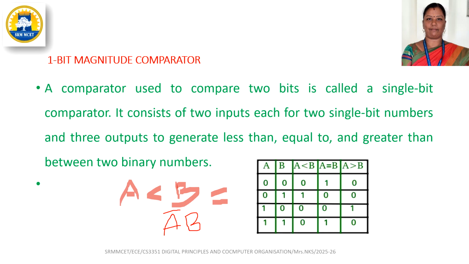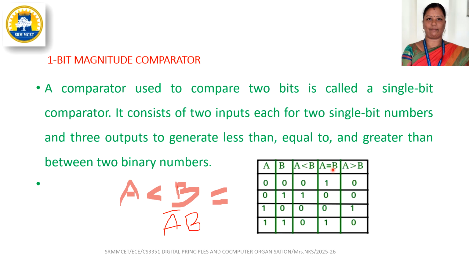Likewise, we can write the equation for A greater than B, where the output is 1 for A1, B0. So A greater than B is equal to A B bar. For A equal to B, we have 1 in two combinations: A0 and B0, and A1 and B1.